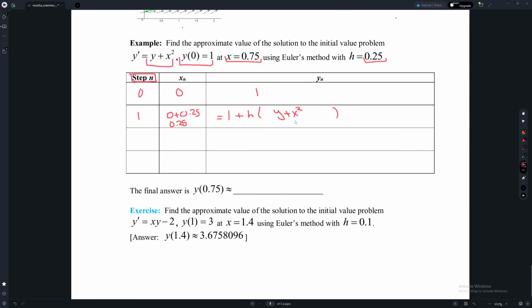So x from last is 0, y from last is 1. So this equals 1 plus our h, 0.25, times 0 plus 1, which is 1. This is like doing 25% of 1, which is 0.25. Or the other way you can think about it is anything times 1 is the same. My mentality is a little bit weird sometimes. Plus 1, so that gives 1.25.